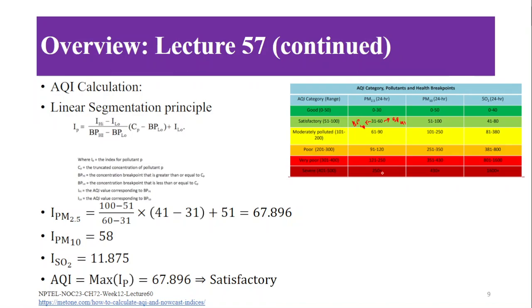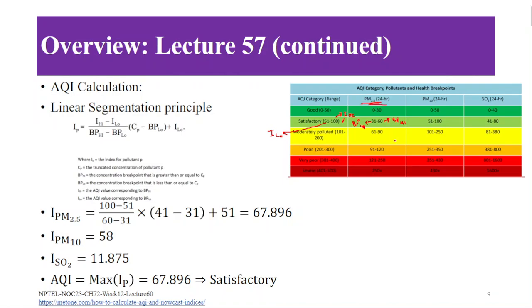Now we have found the breakpoints. Now the indices here will be, for the higher index, IHI, and for the lower index, ILO, and this is only for PM 2.5.